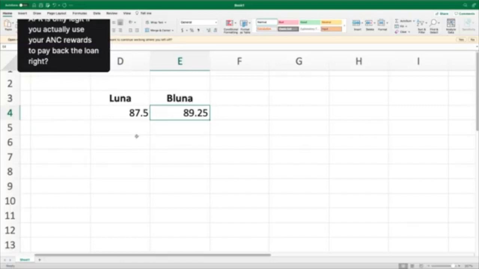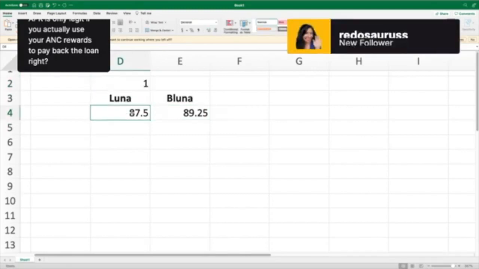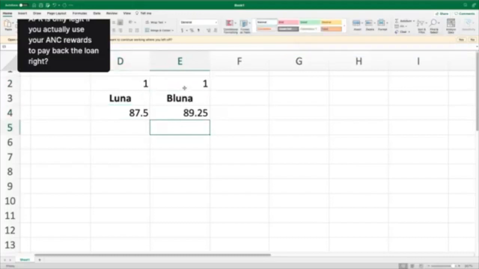All right. So what we were talking about was on the DEX, I can buy 1 Luna for $87.50, or I can buy 1 B Luna for $89.25. So that is a 2% arb that we talk about.